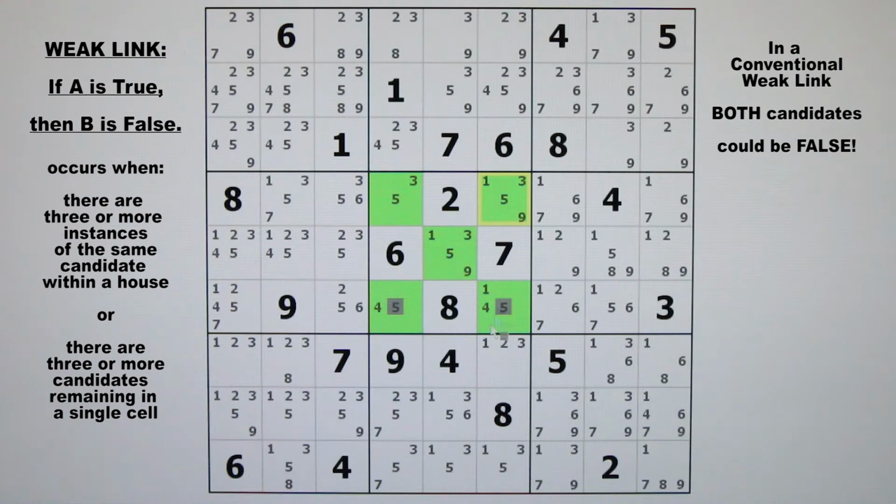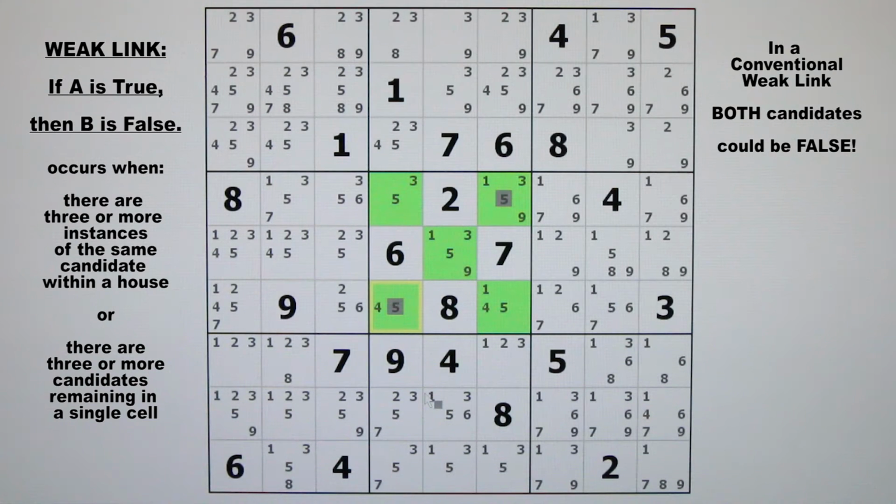So between these 2 5s is a weak link. Between those 2 5s is a weak link. Between any 2 of them is a weak link. Because in this house, this block, there are more than 2 instances of this candidate.